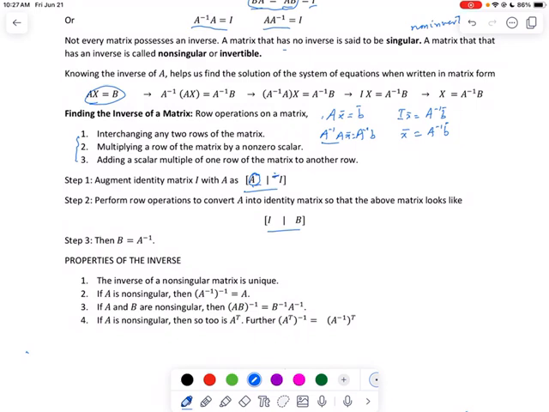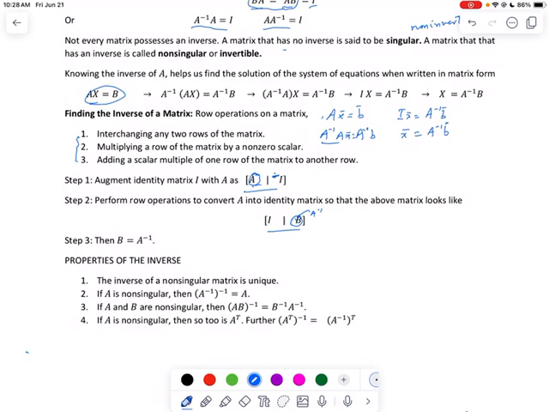So this will end up becoming a completely different matrix than what we started with. This will be the A inverse matrix. Then you can check by multiplying this matrix A inverse with A and see that you get the identity matrix. Then it means you got it correct.